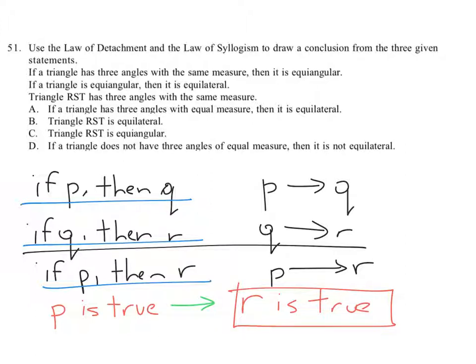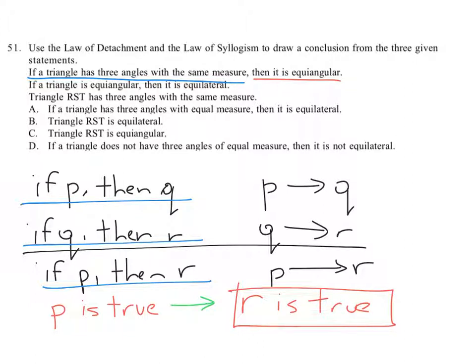Okay? So let's look up here. If a triangle has three angles with the same measure, then it is equiangular. This is the hypothesis. If that, this is the conclusion, then that. Well, notice that the conclusion of that one, then it is equiangular, is the hypothesis of this one.